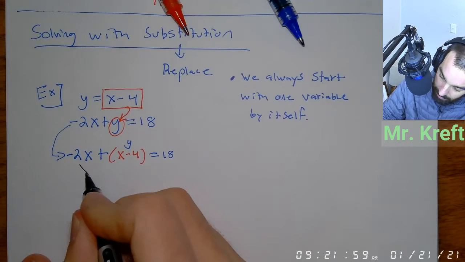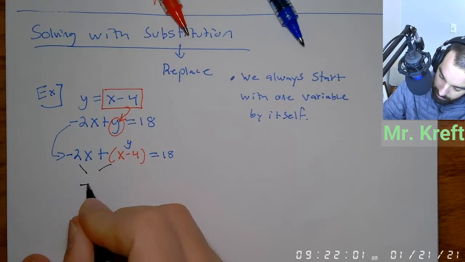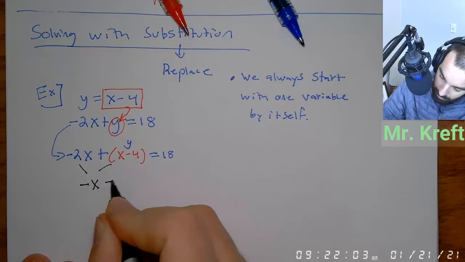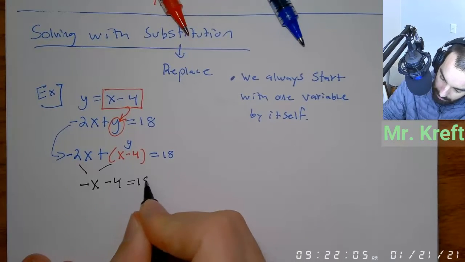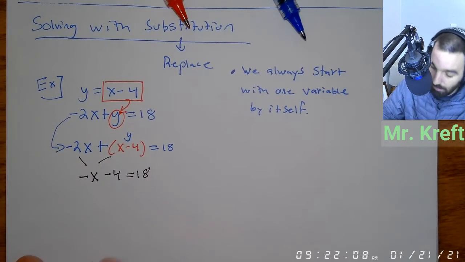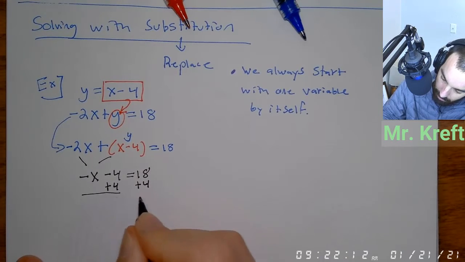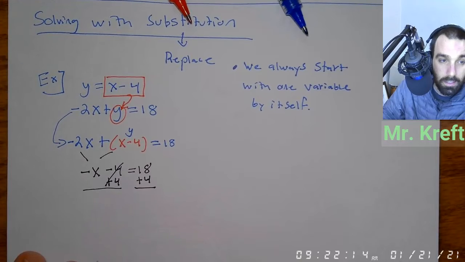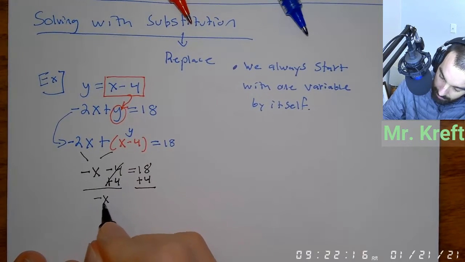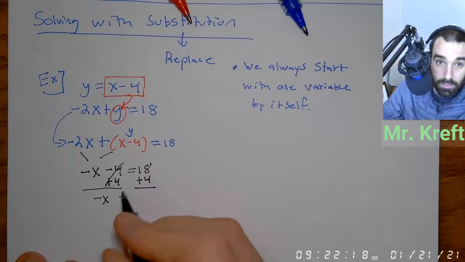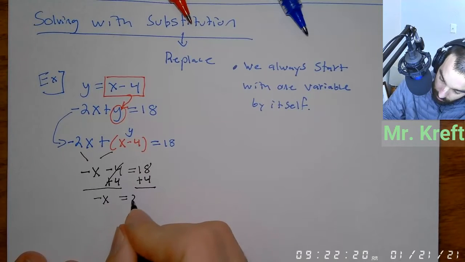If I have a negative 2x and an x, I have negative x minus 4 equals 18. And then I have plus 4 and plus 4 like that. So I get negative x equals 4 plus 18, which is 22.